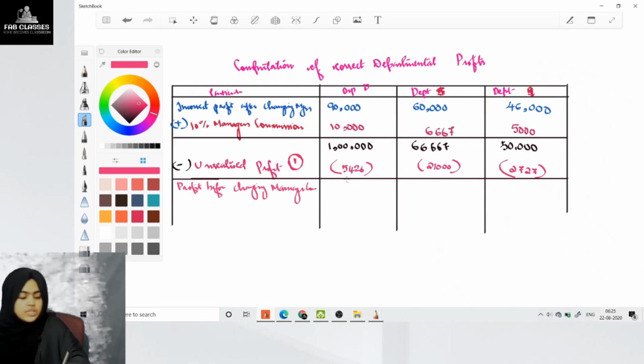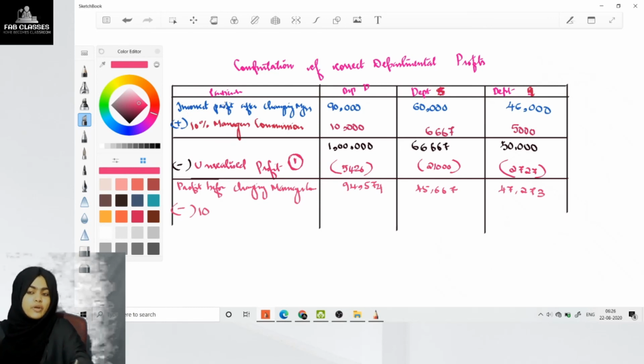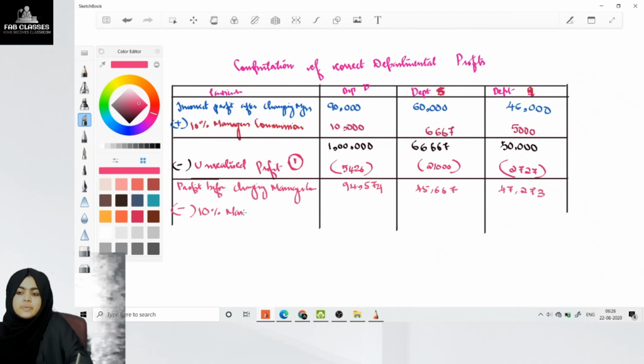So the profit before charging manager's commission is 94,574, 45,667, 47,273, and now we subtract the 10% manager's commission. From the incorrect profit X, we added back D, and we got the original net profit A. And from A we subtracted B, we got C, and now from C we subtracted D, and now we reach E. So the 10% manager's commission is being subtracted.